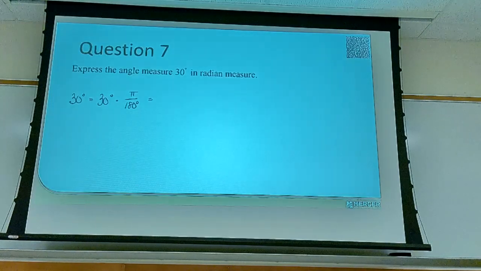What's 30 divided by 180? Six. No, 1/6. So pi over 6. 30 degrees, pi over 6 radians. That might be one you want to memorize.